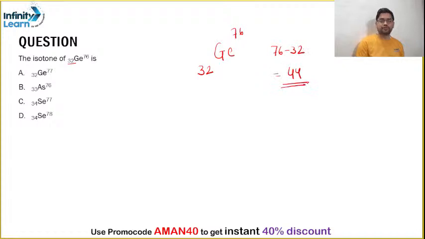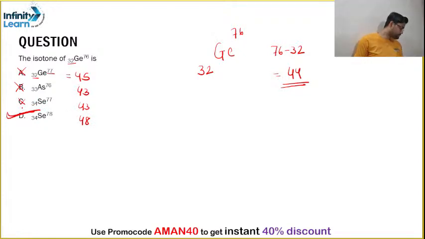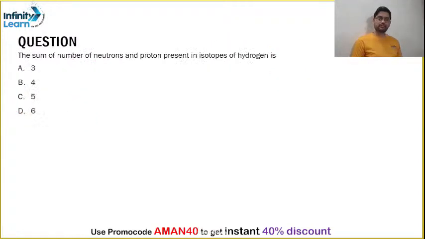So we need to know the 44 value. 77 minus 32 is 45, not the right answer. 76 minus 33 is 43, not the right answer. 77 minus 34 is again 43, not the right answer. 78 minus 34 is 44, best answer. Clear? Sure. Perfect.